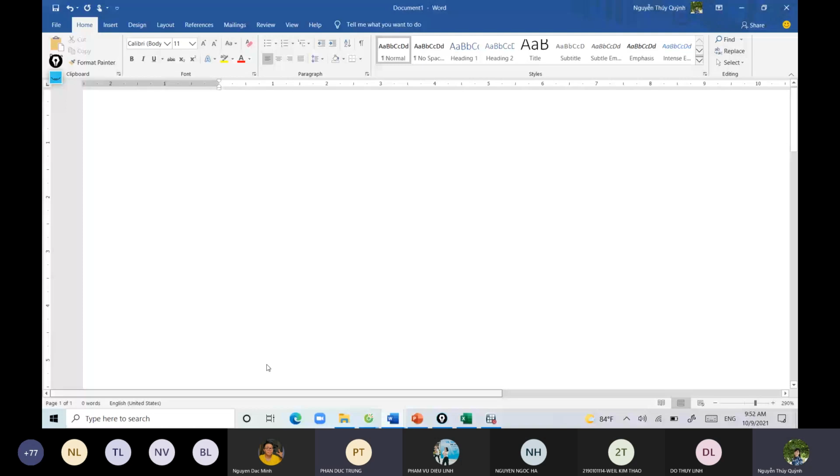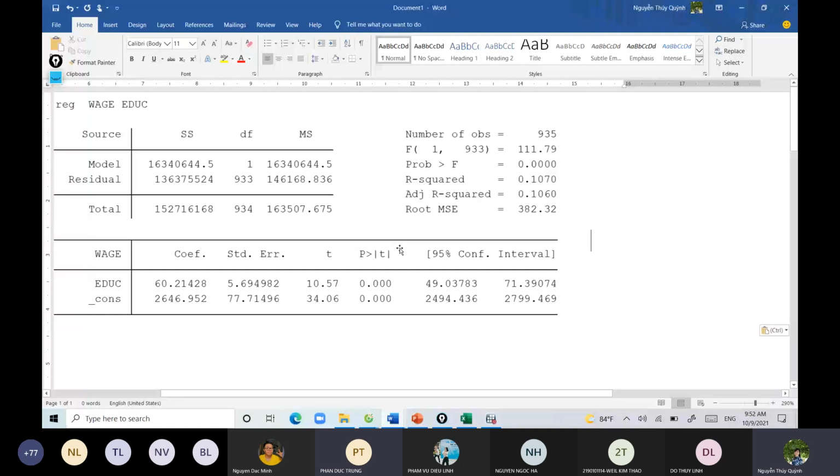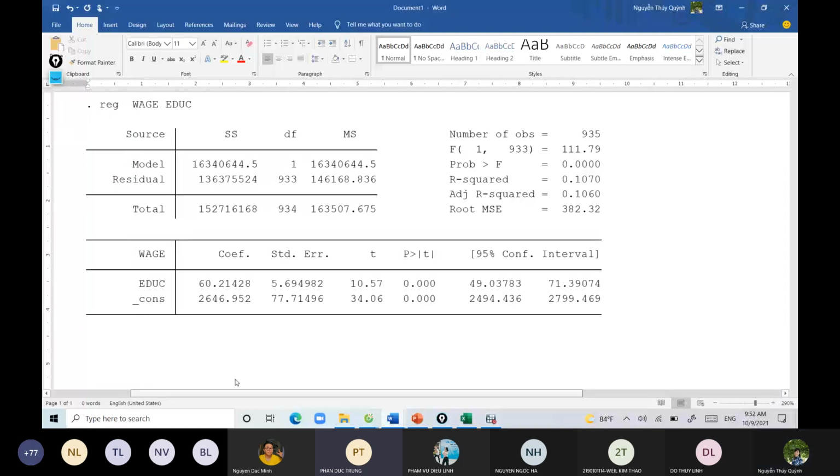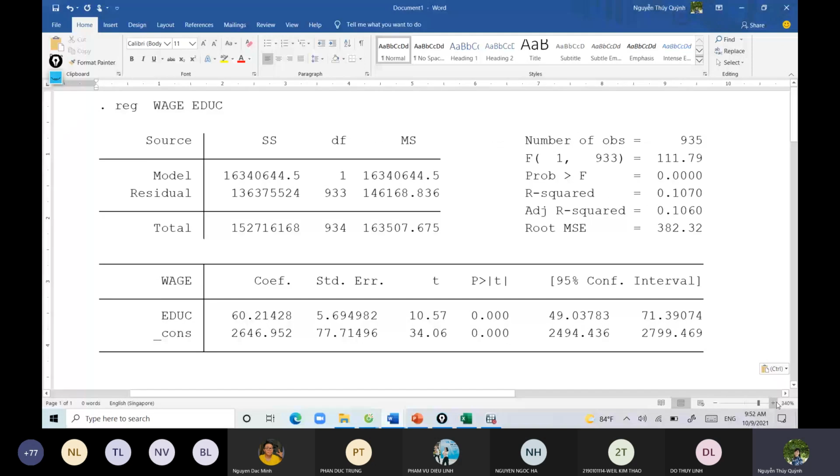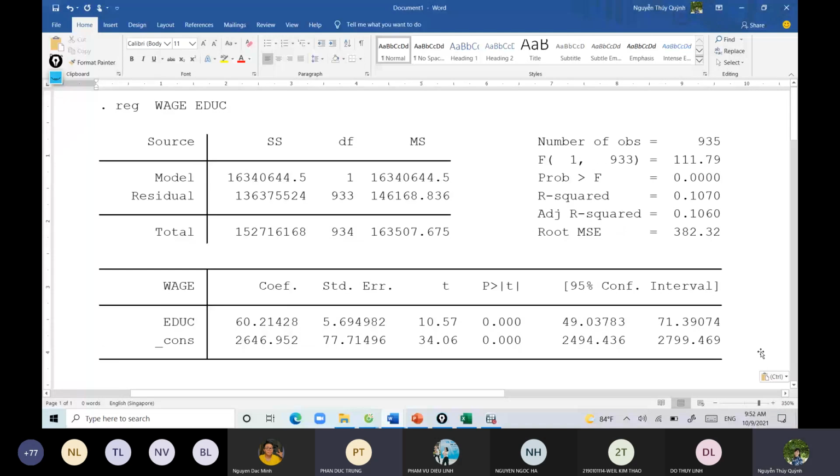The question is, what is the estimated value of the variance of the disturbance UI? Okay, and what is it? It is the sigma hat square.